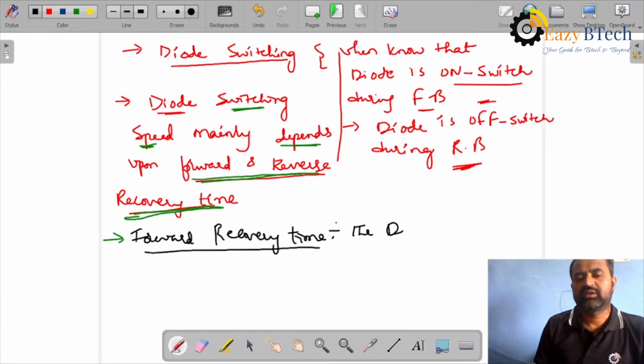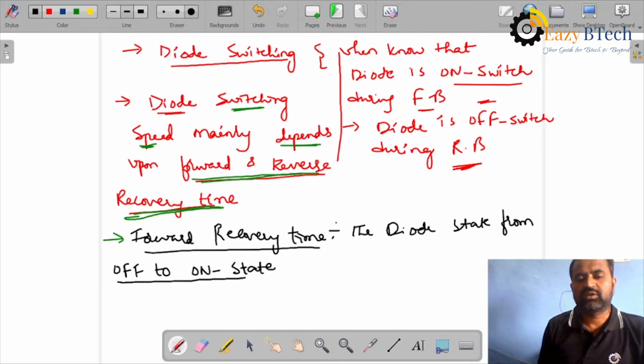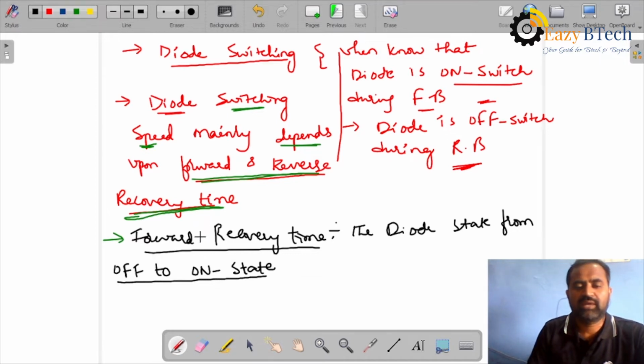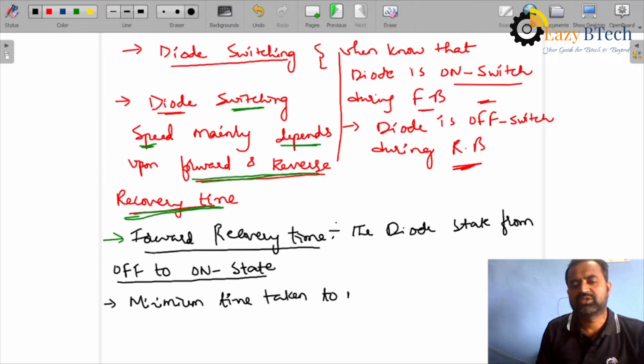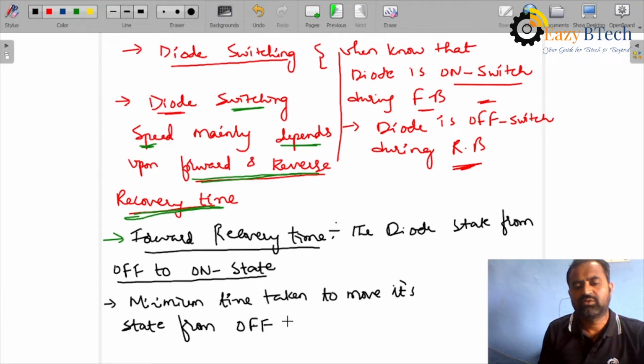Forward recovery time means the minimum time taken by a diode to move its state from off to on.